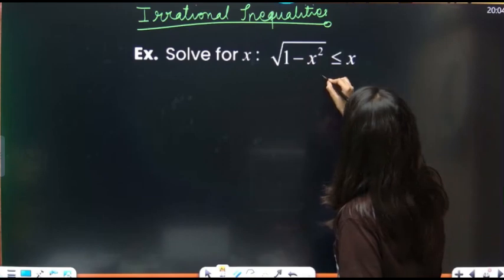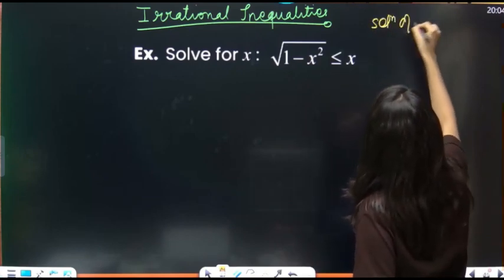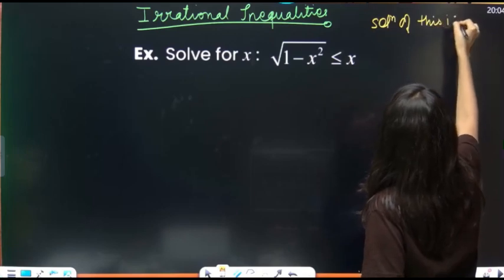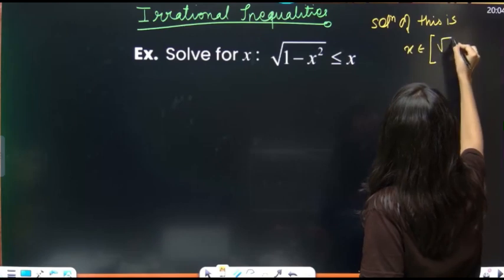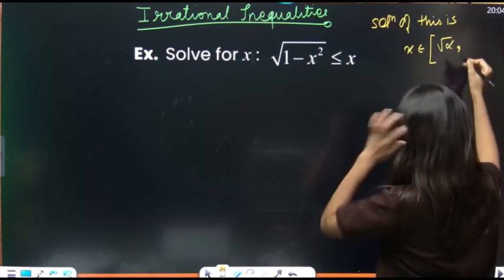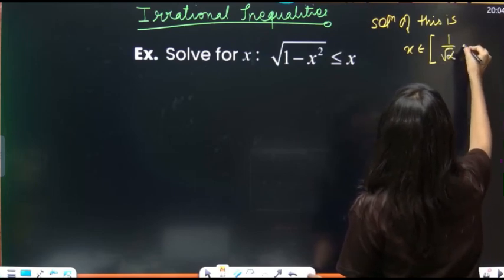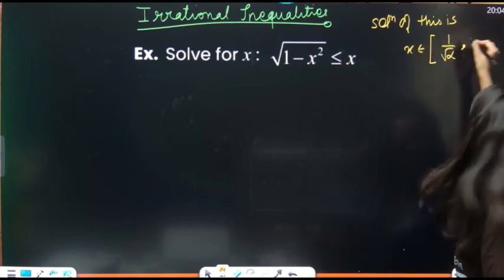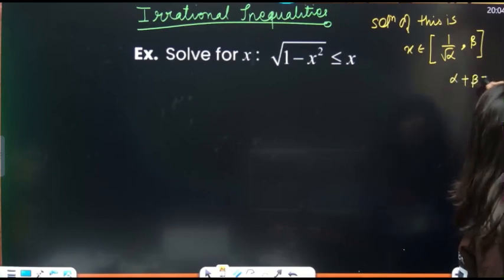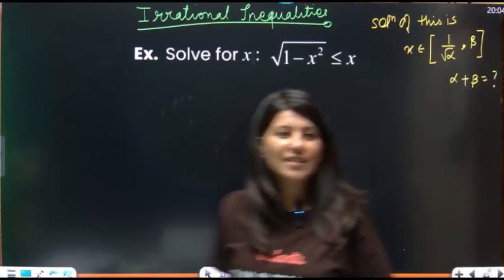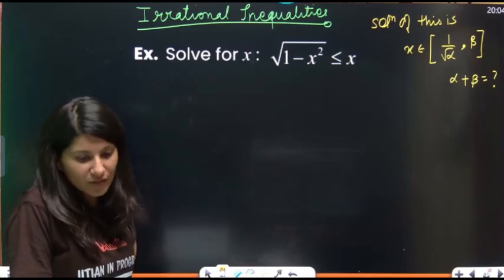They will give you the solution of this as x belongs to 1 by root alpha comma beta. Find the value of alpha plus beta. This is how they are going to ask in JEE Main. Yes, Rohanit, very good question.